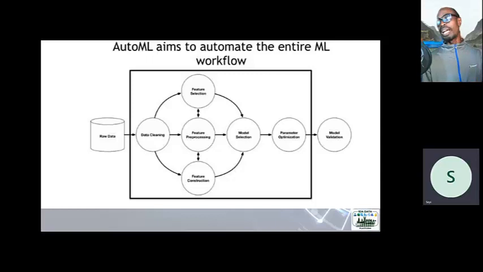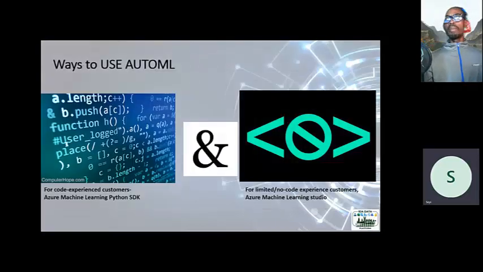Now, this brings me to how do I use automated machine learning? There are two ways I can use it. One, if I'm a code-driven person, a programmer, a software developer that knows how to use Python, I can deploy it by using a Python SDK.